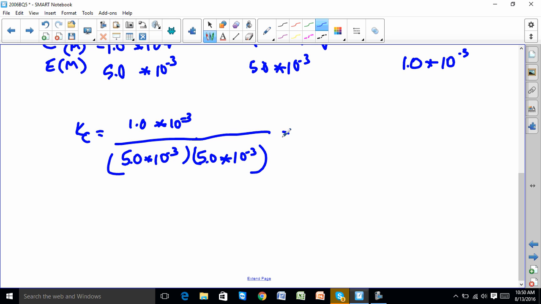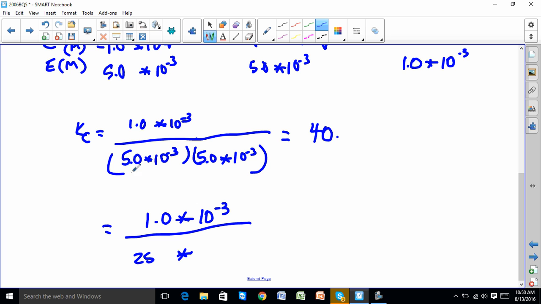Now they had to do this without a calculator. I would just do it with a calculator. This comes out to be 40. Here's how you would do it without a calculator. 1 times 10 to the negative 3. And then this would be 5 times 5 is 25. And 10 to the negative 3 divided by 10 to the negative 3 is 10 to the negative 6.